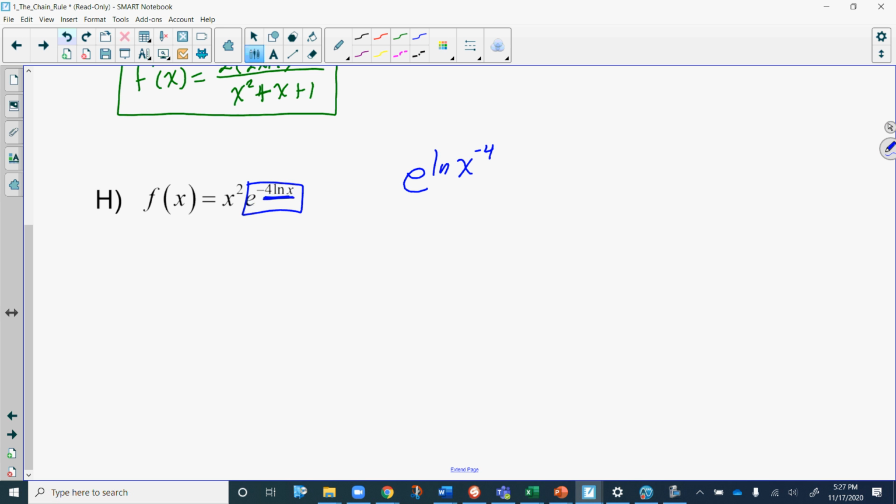If you go to your calculator and type in e to the natural log of x to the negative 4th power, just e to the natural log of x like this, these undo each other, and all you're left with is this bit here, x to the negative 4th.